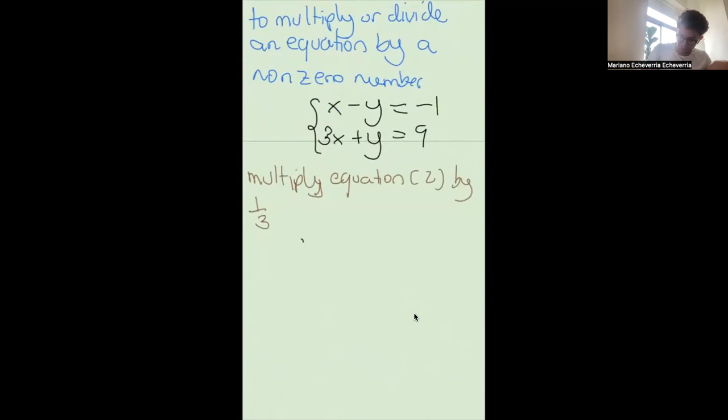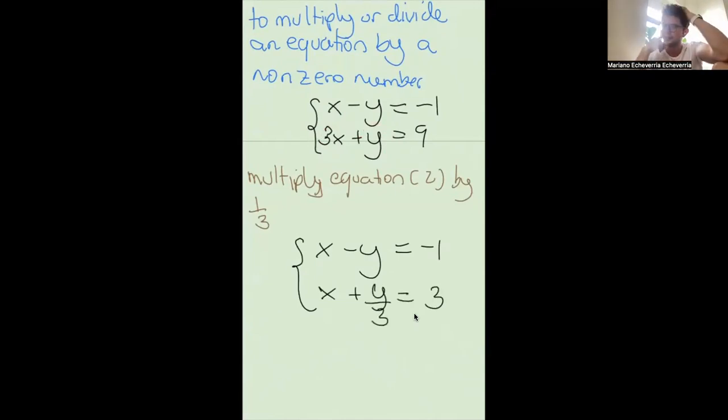So what happens if you do that? You get x minus y equals -1. That doesn't affect the first equation at all. And when you multiply the second equation by 1/3, this one becomes an x, right? The other one becomes y over 3, and the last number becomes a 3. Is that making sense?